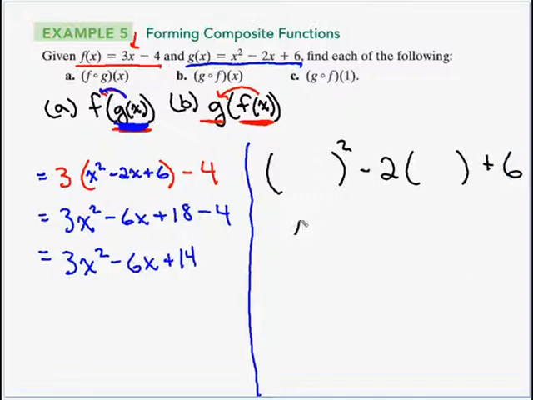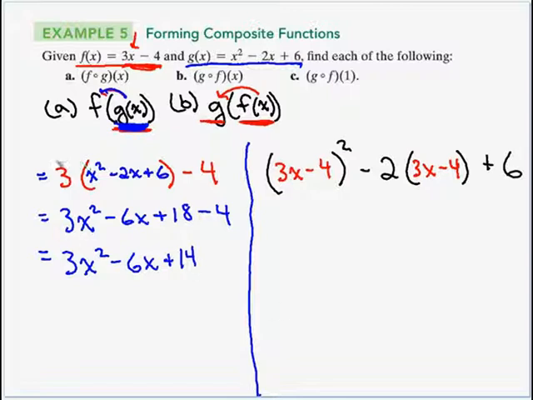Again, g of x was x squared minus 2x plus 6. Now the x's are gone, and I just replace them with empty sets of parentheses. In those empty sets of parentheses, I will put the f function. So f of x was 3x minus 4. So this becomes (3x minus 4) quantity squared, minus 2 times the quantity 3x minus 4, and then plus 6.